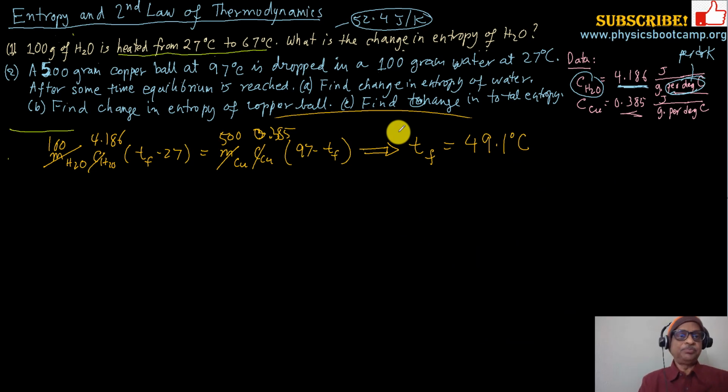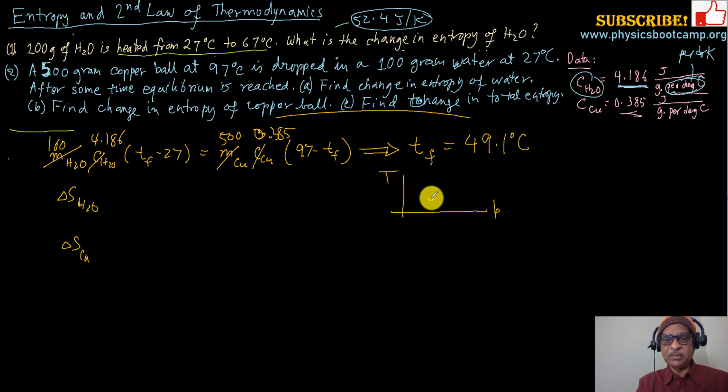Okay, so now we have to find delta S H2O and delta S copper. Well, for H2O, we imagine we had initial and then final. So this was at 27 degrees Celsius, and this one is 49.1 degrees Celsius.